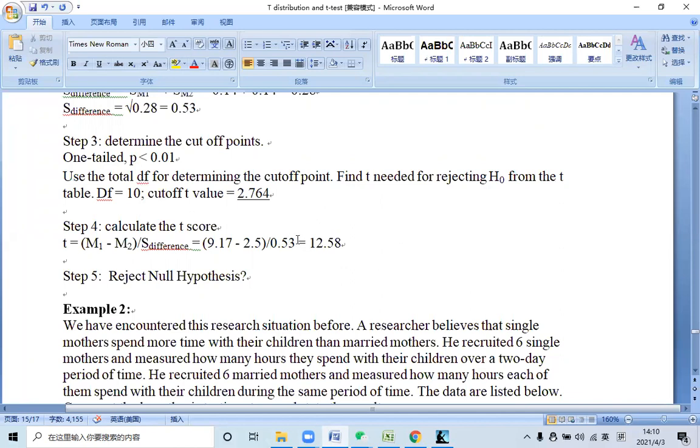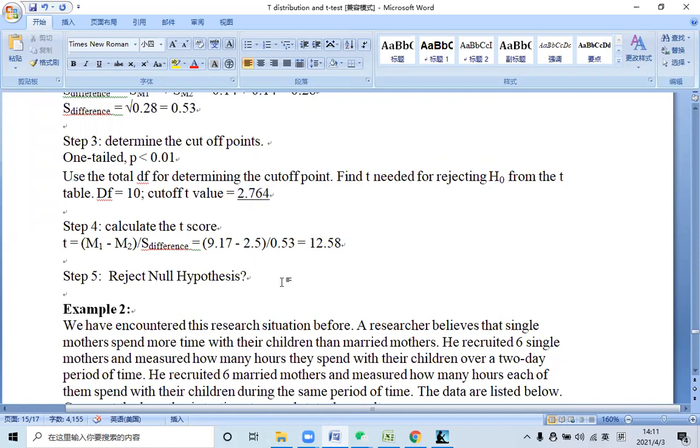And the standard deviation 0.53. This is the t-value you calculate. The t-value is pretty big, it's really large. Way larger than the cutoff, more extreme than the cutoff.